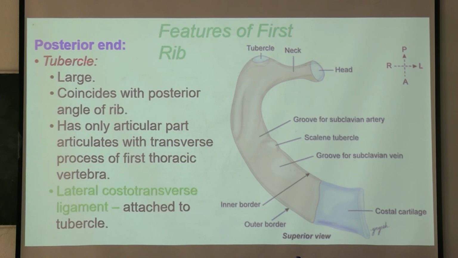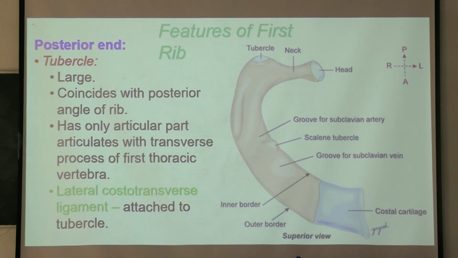Next we go to the tubercle. Here is the tubercle. The tubercle is large and coincides with the posterior angle of the rib. A rib has two angles. Here the sharp bend is occurring posteriorly; this is the posterior angle. And in this region where the bend is occurring, this is the anterior angle. So the tubercle is lying at the posterior angle.